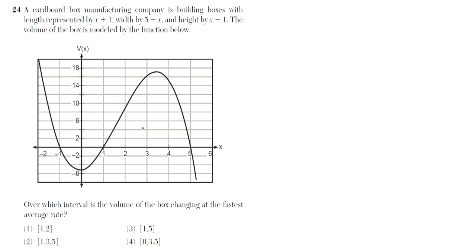Okay? Question: over which interval is the volume of the box changing at the fastest average rate? Okay? So one thing you want to keep in mind, I'm going to note that the average rate on an interval is basically equal to the slope.